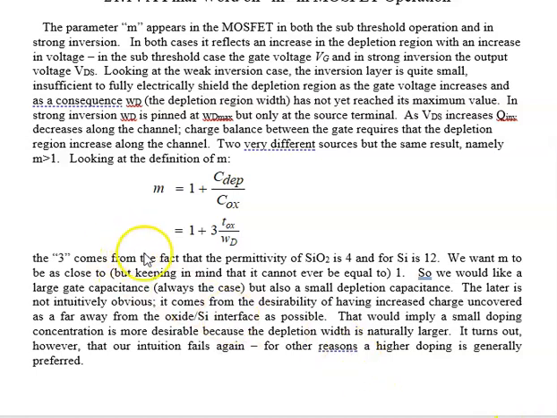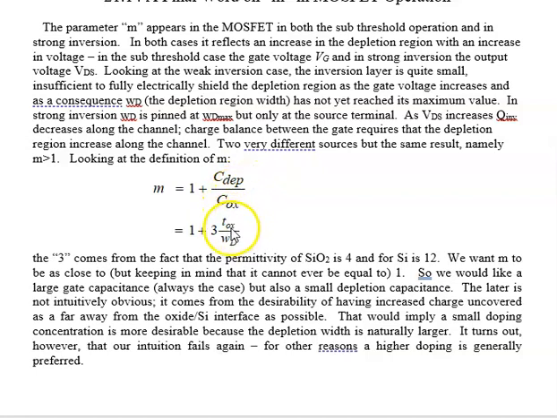And it's the same M, whether we're in weak inversion or in strong inversion with an applied VDS. Same M: 1 plus the depletion capacitance divided by the areal oxide capacitance, and we can turn these into thicknesses of the depletion layer and the oxide layer by just flipping it, because the capacitance is inversely proportional to the thickness.